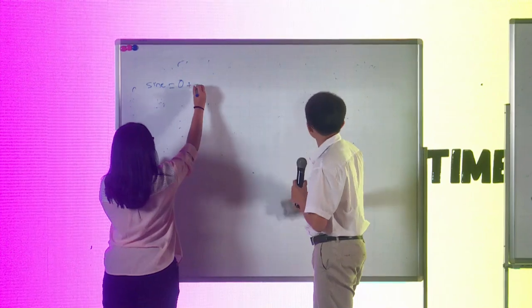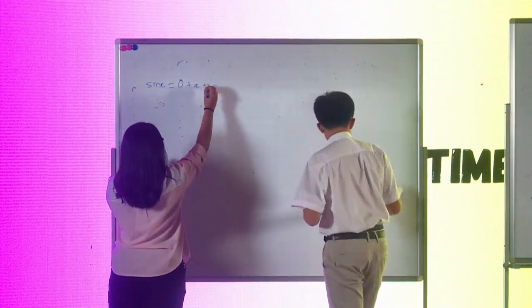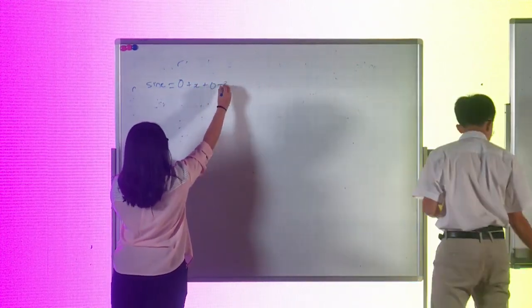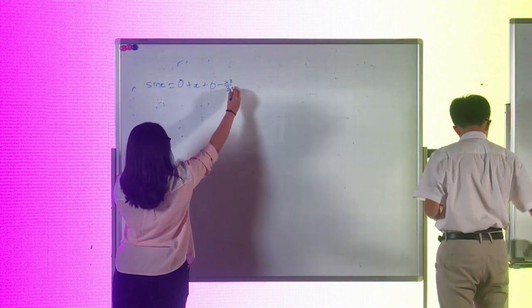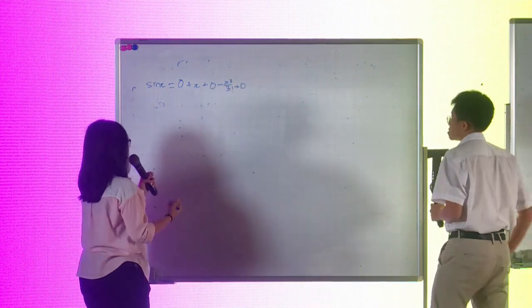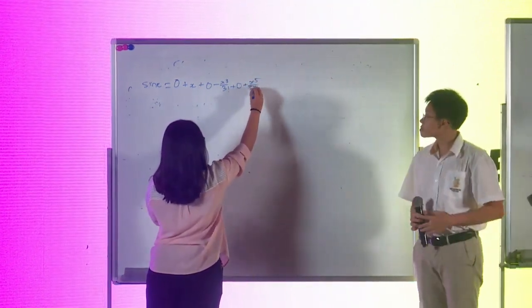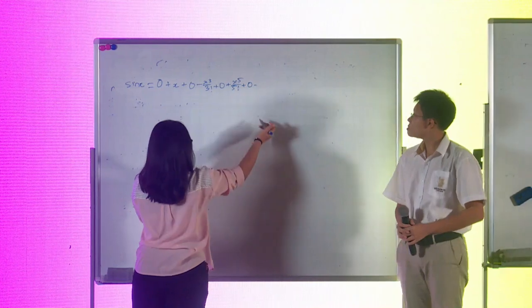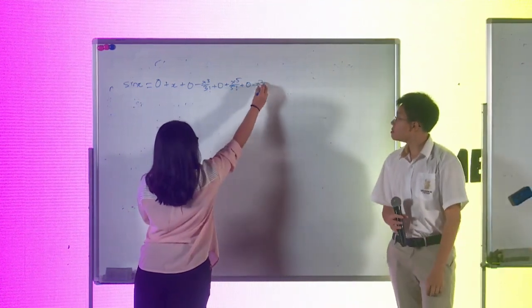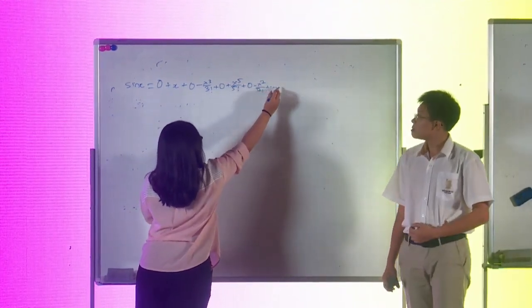0 plus x, which is 1 times x, plus 0, then minus x cubed over 3 factorial, plus 0, and then following the pattern, the next term will be x to the power of 5 over 5 factorial, and then it will be plus 0 minus x to the power 7 over 7 factorial.